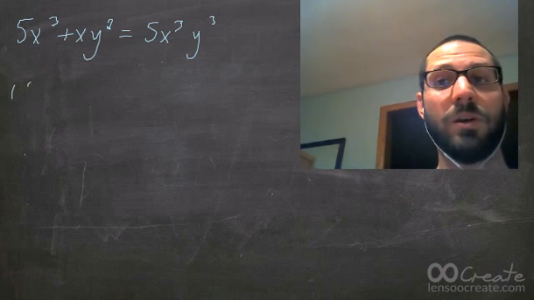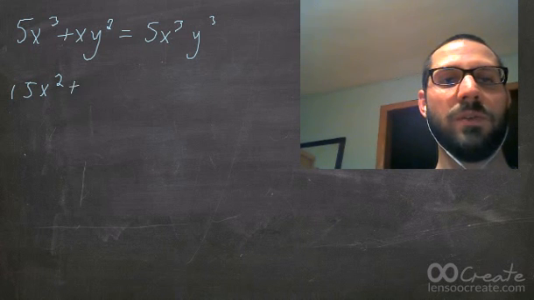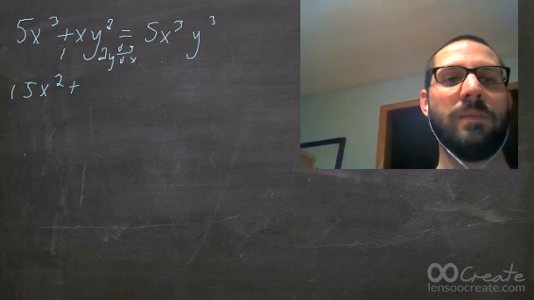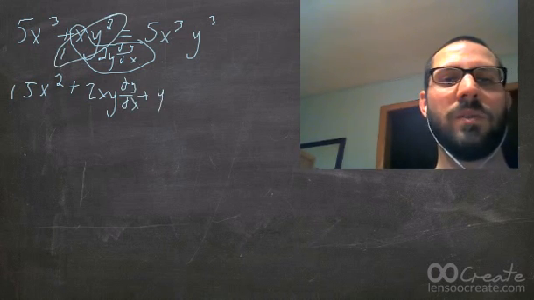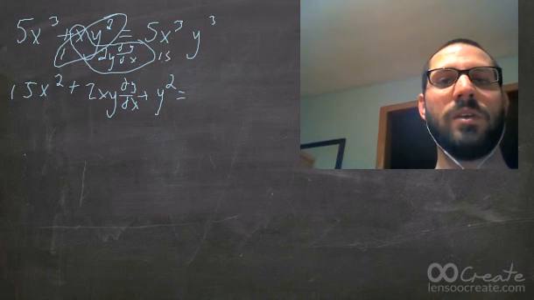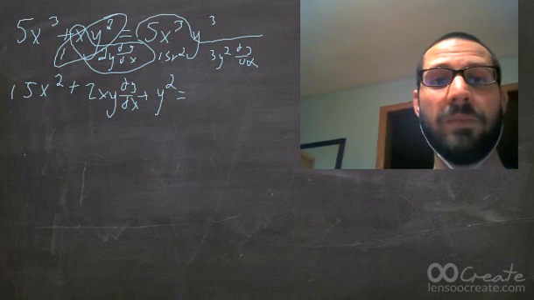All right, let's finish up the derivatives on this worksheet. 5x cubed, 15x squared. Got to be good at the power rule by now, right? Plus, got another product here. Derivative of x is 1. Derivative of y squared is 2y dy/dx. 2/3 bow tie. 2xy dy/dx plus y squared equals, we've got a product on the other side too. 15x squared, 3y squared dy/dx. 2/3 bow tie.